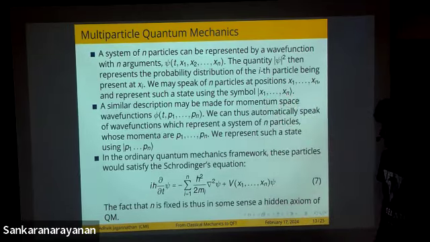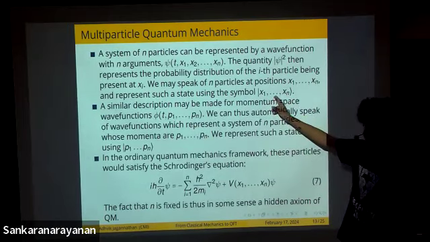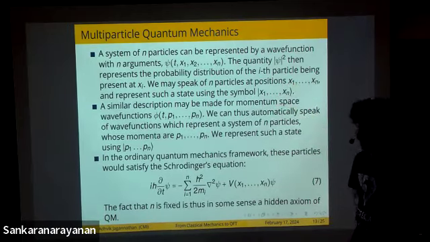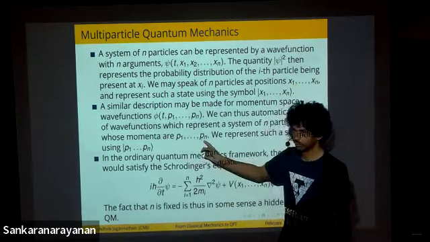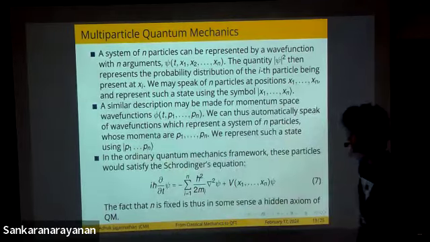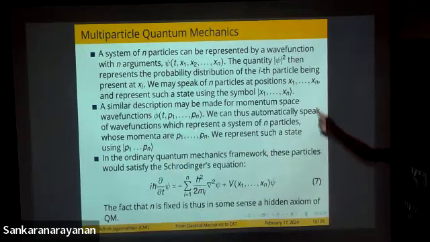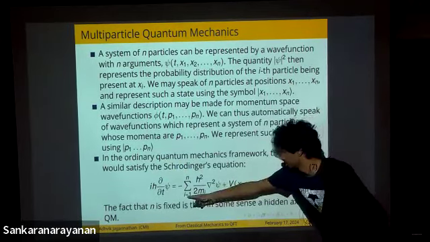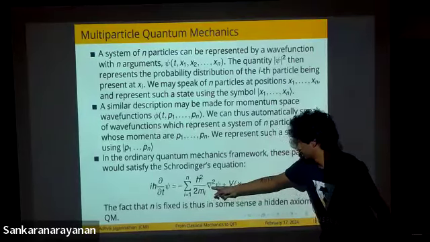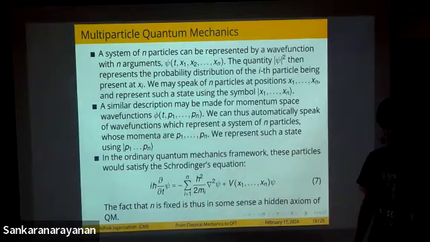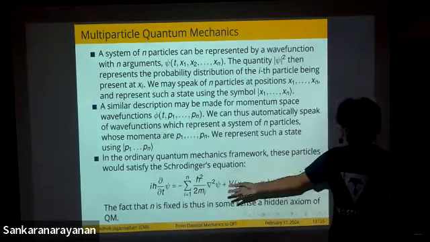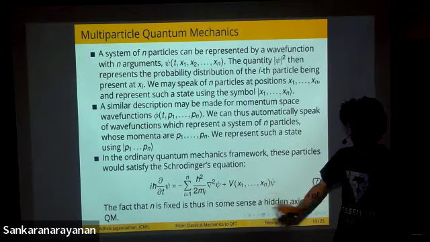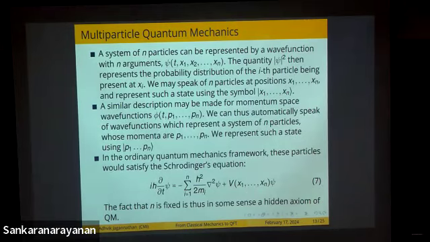We'll represent the state of particles being present at positions x1 to xn by this, and particles being present at momenta p1 to pn by this. And this wave function also satisfies the same Schrodinger's equation, which is a bit modified. You're summing over all the momenta of the particles, and there's this potential which clubs all interactions of each particle.